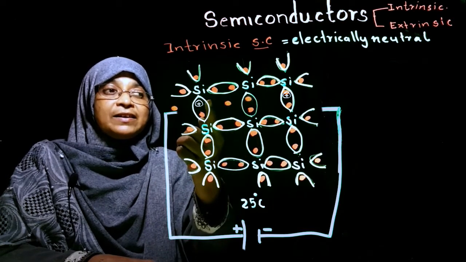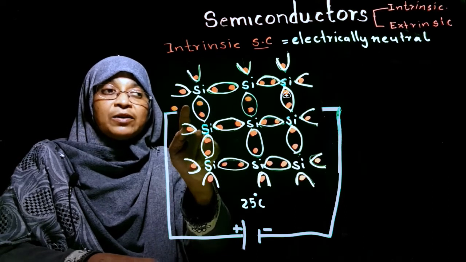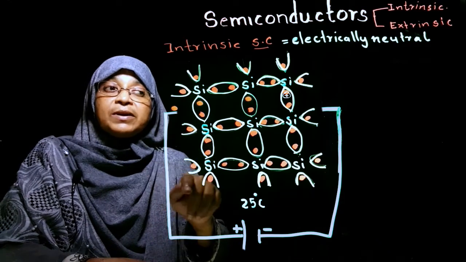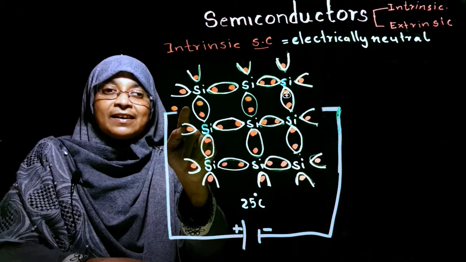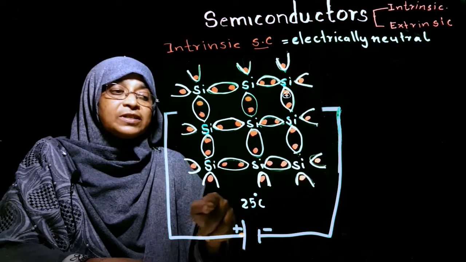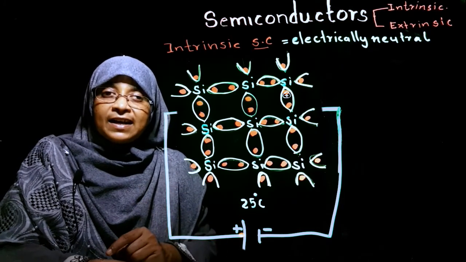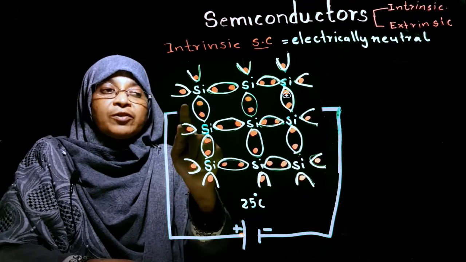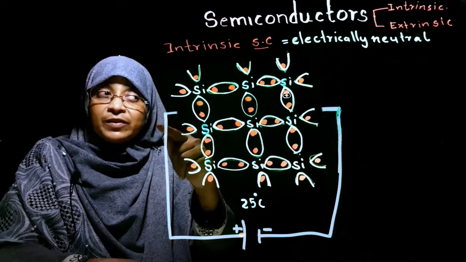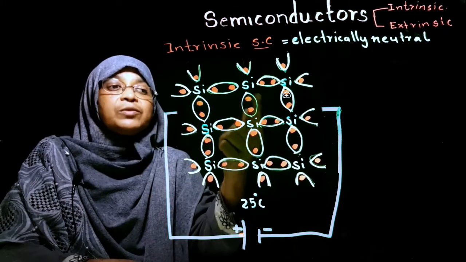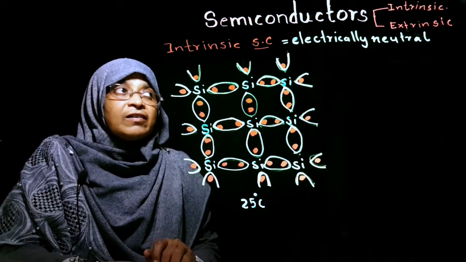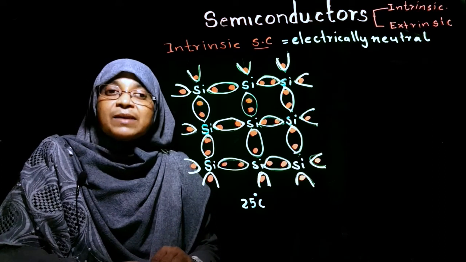Then another free electron runs towards the hole at the positive terminal. Then the hole at the positive terminal disappears, and this free electron runs towards the positive terminal. So we can say the holes are moving from positive to negative and electrons are moving from negative to positive.